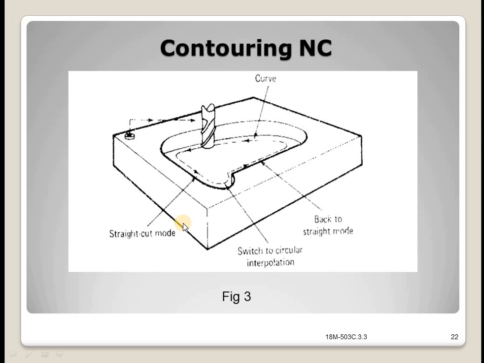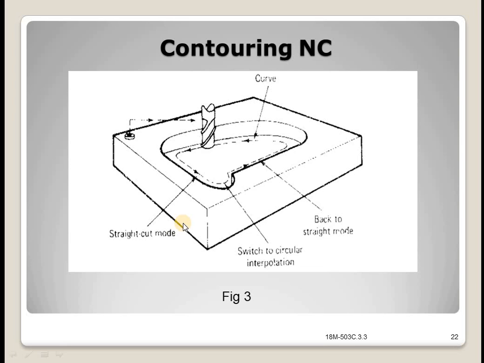I'll explain about contouring once again. It is the most complex, the most flexible and the most expensive type of machine tool control. It is capable of performing both PTP and straight cut operations. In addition, the distinguishing feature of the contouring NC system is the capacity for simultaneous control of more than one axis movement of the machine tool. The path of the cutter is continuously controlled to generate the desired geometry of the workpiece.